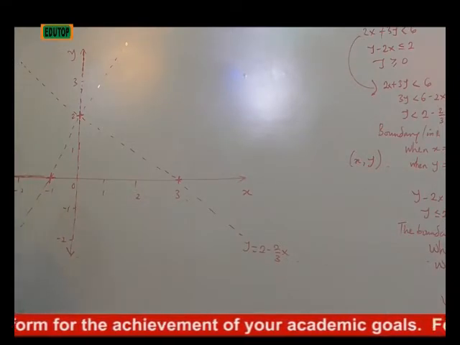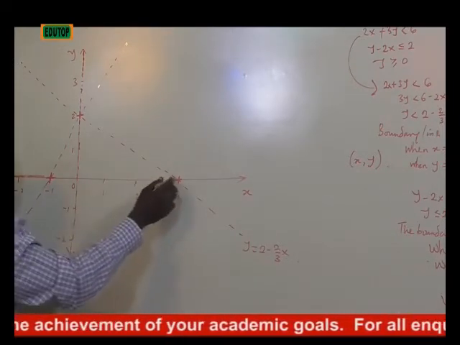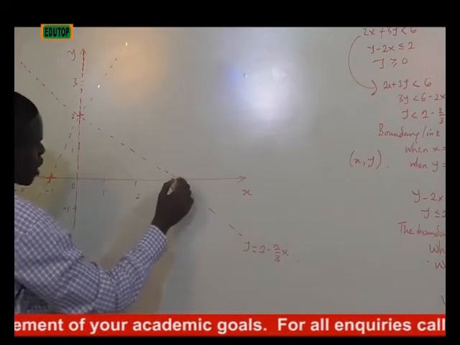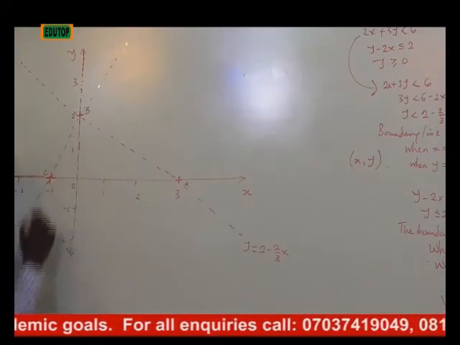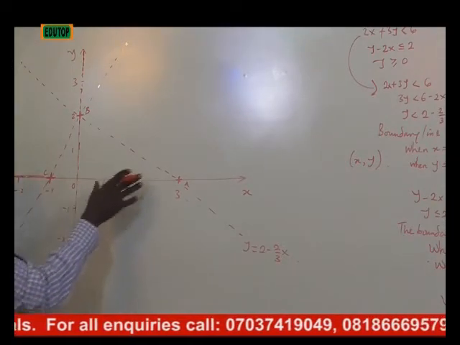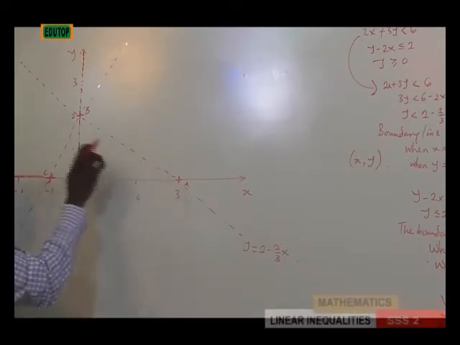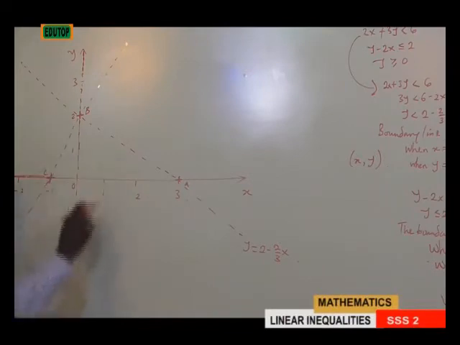So automatically, we can see that we are looking at a triangle here. Let's say this is A, B, C. So the solution of this graph will be in the triangle.